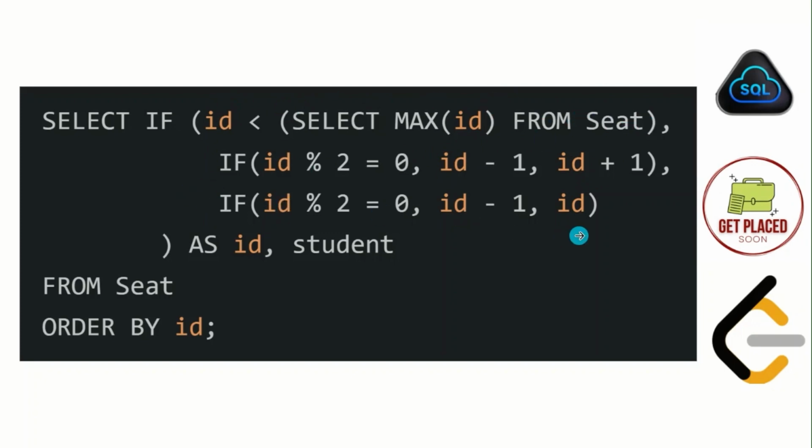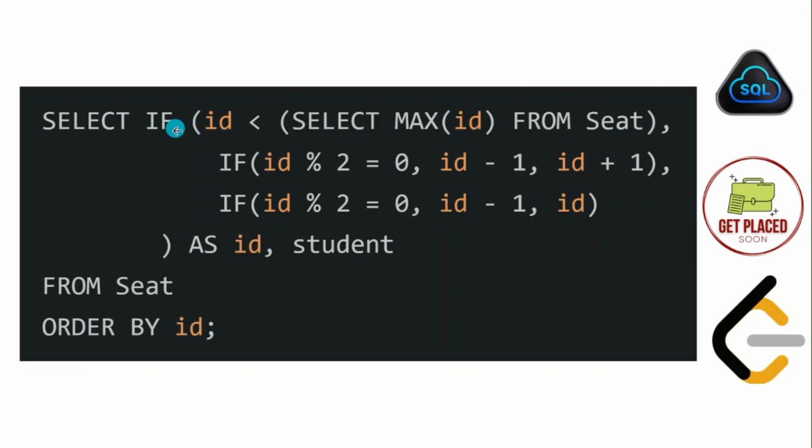This problem comes under the subqueries concept, and we are using a subquery like this. Look at this subquery: SELECT MAX(id) FROM seat. From this subquery, we get the maximum ID value, so from that we can understand whether it is an odd number or an even number.